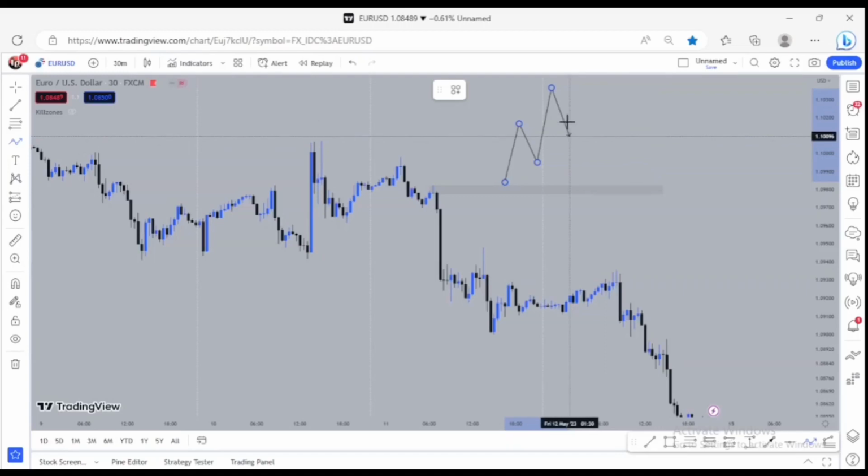Then the market goes higher, breaking the previous high, and then it has to break this low. Once price breaks this low, you need to look for the candle. This is the breaker block. After this breaker block, there should be a reversal candlestick that mitigated this high.